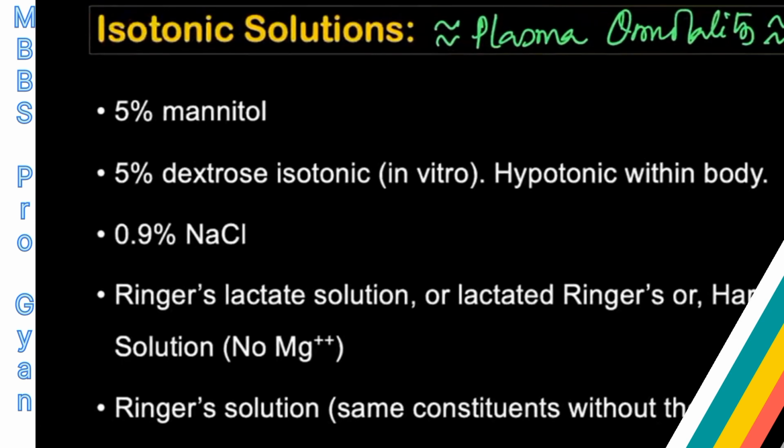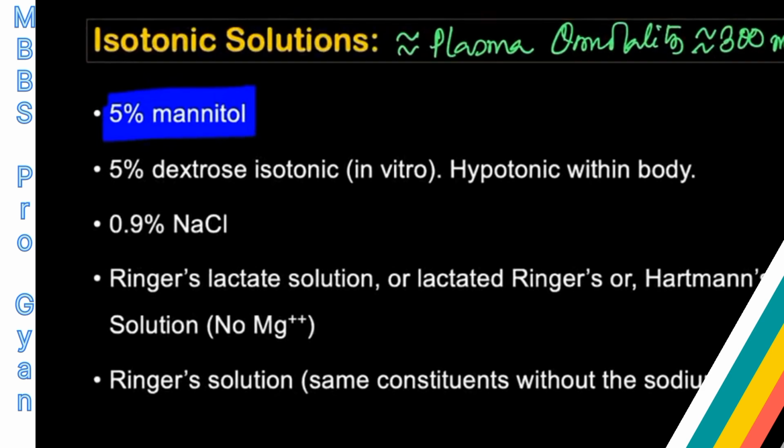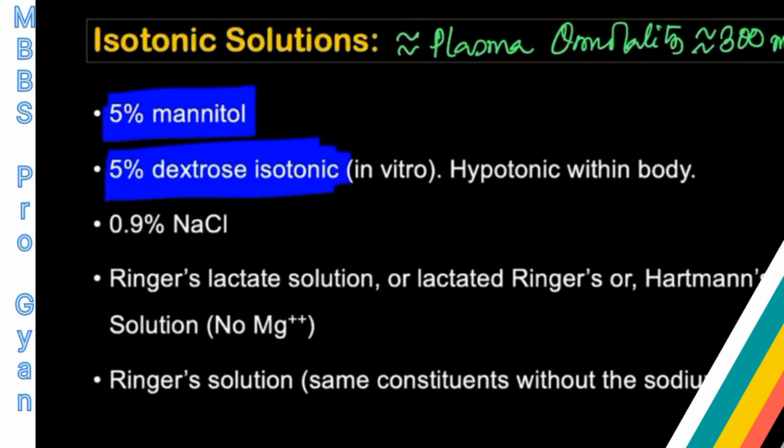So 5% mannitol is an isotonic solution. 5% dextrose is also an isotonic solution, but here you have to be cautious. 5% dextrose solution is isotonic in vitro, meaning if you make a solution of 5% dextrose in a bottle, that is isotonic, meaning tonicity or osmolality is 290 to 300 milliosmol per liter, right?